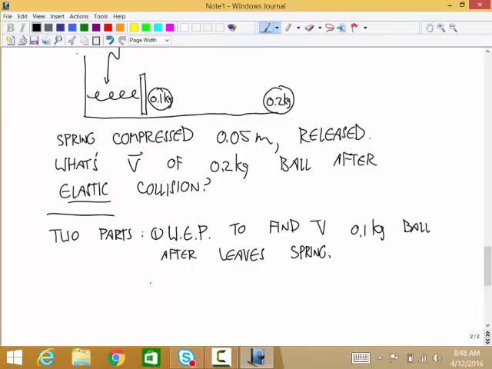And the second part is conservation of linear momentum for the collision.